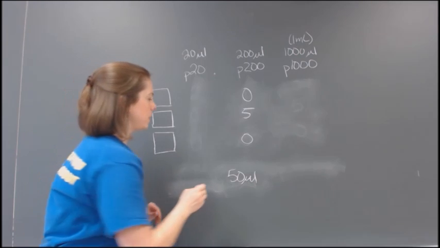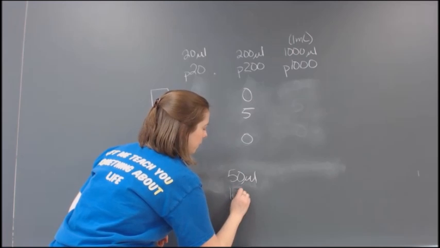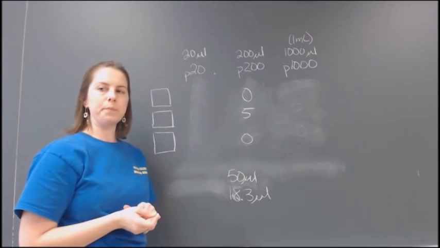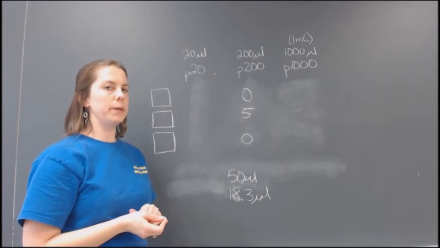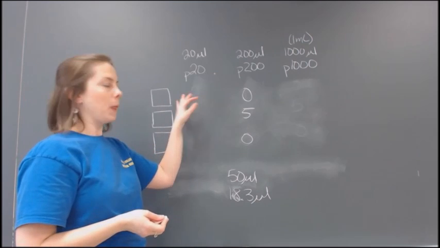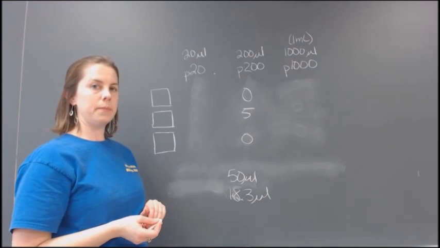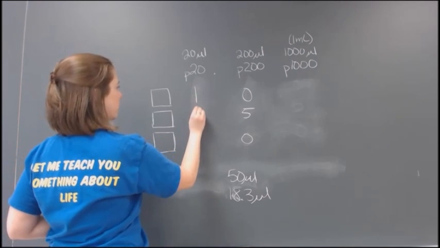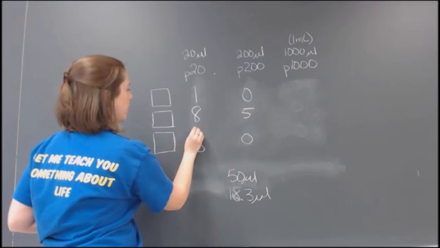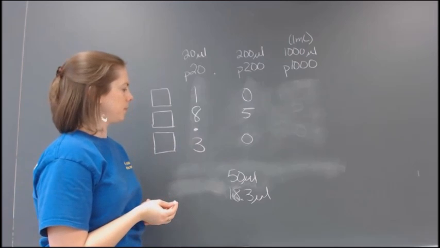What if we wanted to measure 18.3 microliters? Which pipetter would we use? We'd use the P20. And what would the numbers on the side of the pipetter read? They would read 1, 8, 3. Remember, for the P20, that last number is the 10th place.